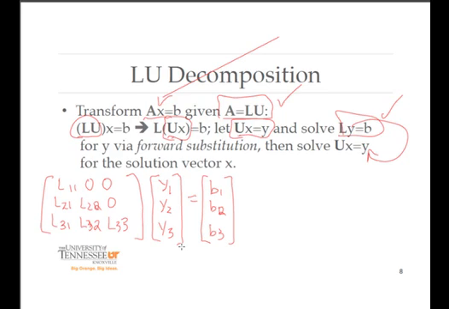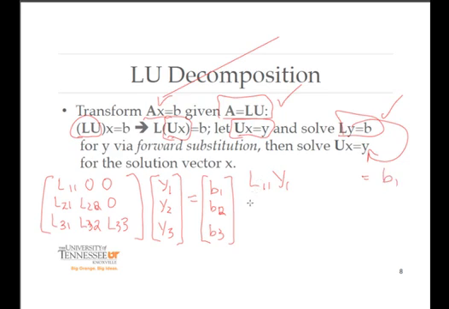Because of those 2 zeros, all you get is L11 times Y1, and that's equal to B1. That means L11 times Y1 plus 0 times this plus 0 times that. The zero components annihilate anything to do with Y2 and Y3, and all I'm left with is L11 times Y1 equals B1. Do the same thing for the other 2 rows.